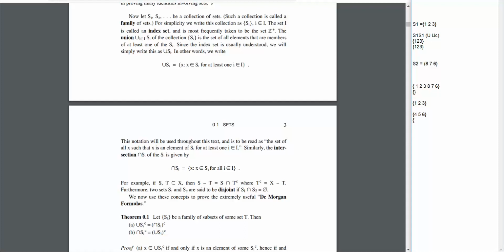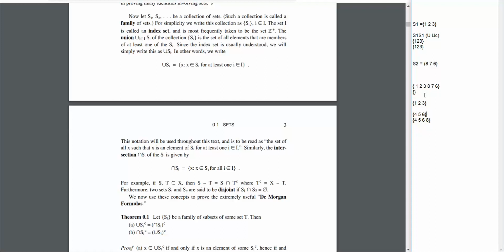And for X, let's say we've got 4, 5, 6, and 8.